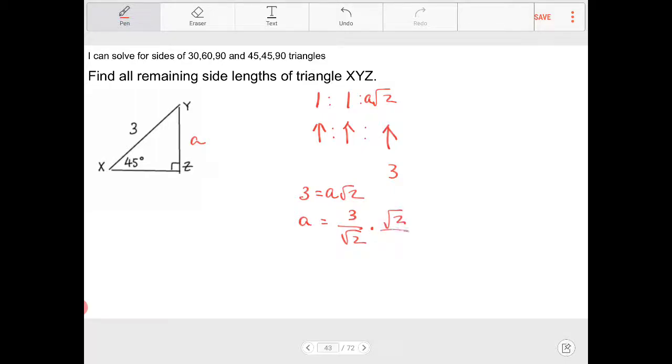So here I'm going to multiply by radical 2 over radical 2. If I do this, the radical in the denominator will become positive 2. The numerator I will end up with is 3 radical 2. So a therefore is 3 radical 2 over 2. And this side here is also 3 radical 2 over 2.